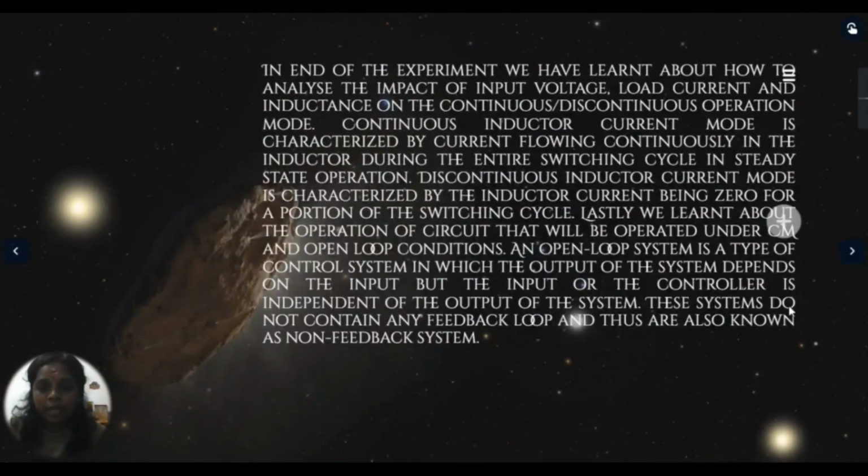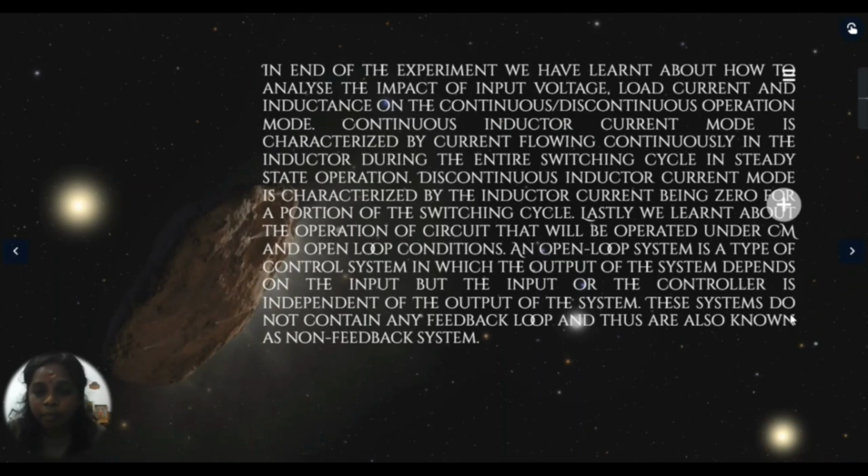At the end of the experiment, we have learned how to analyze the impact of input voltage, load current, and inductance on continuous or discontinuous operation mode. Continuous inductor current mode is characterized by current flowing continuously in the inductor during the entire switching cycle in steady state operation.